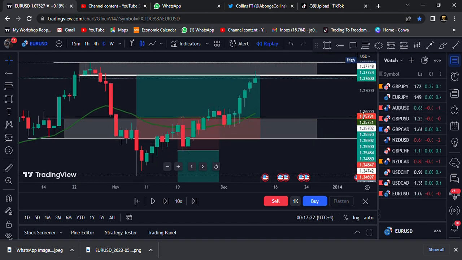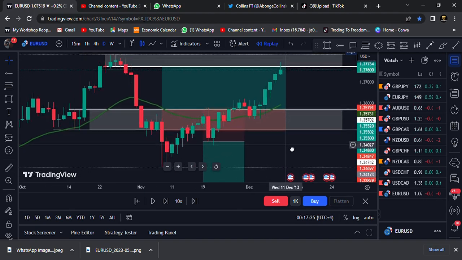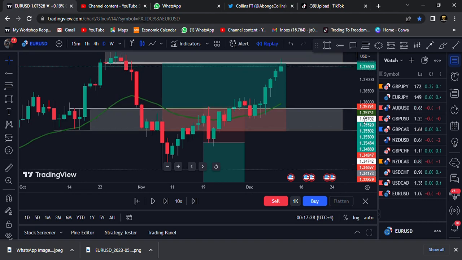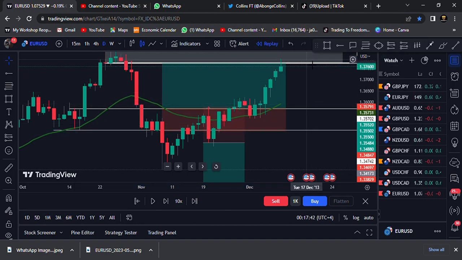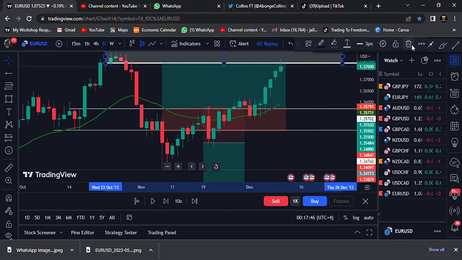So this, by the way, is according to the modified strategy that I was talking about. It's actually our real strategy, but this was modified, as I said. If we are going back to the original one, if you're following me, you know I never draw these ones.